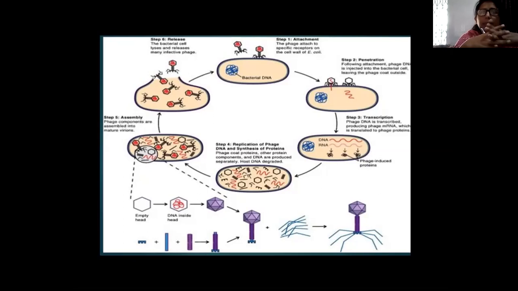The lysozyme produced by the viral DNA lyses the bacterial cell, or the host cell, and an army of virions are released, which is ready to attack other host cells. In this way, in a short span of 20 to 22 minutes, the phage produces numerous copies of phage virions.